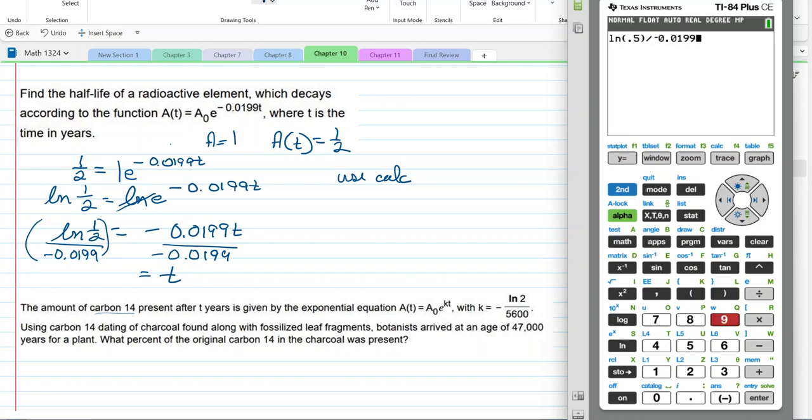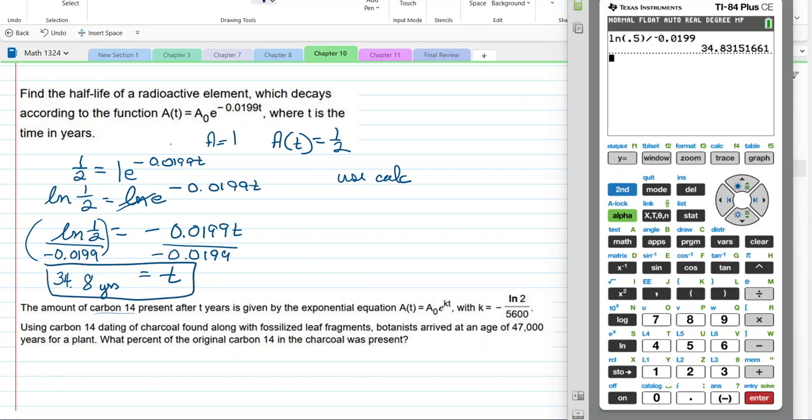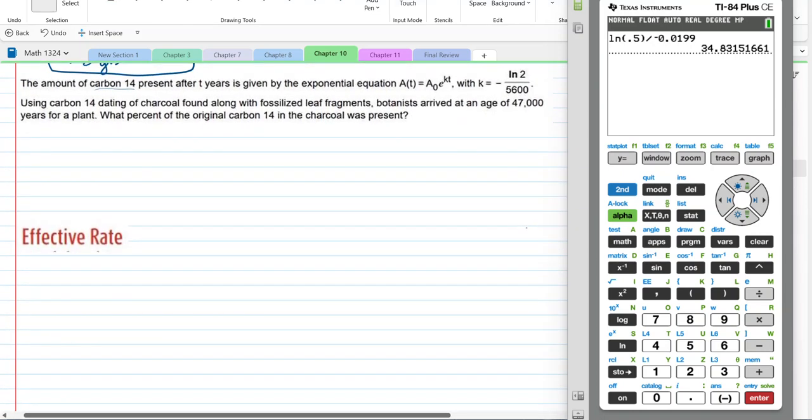All right, so I have it correct, and I enter, and I get 34 and 8/10 years. That's how long it takes for this item to go to half of whatever it started with. So this is our first understanding of how it works. All right, so now let's look at this next equation.